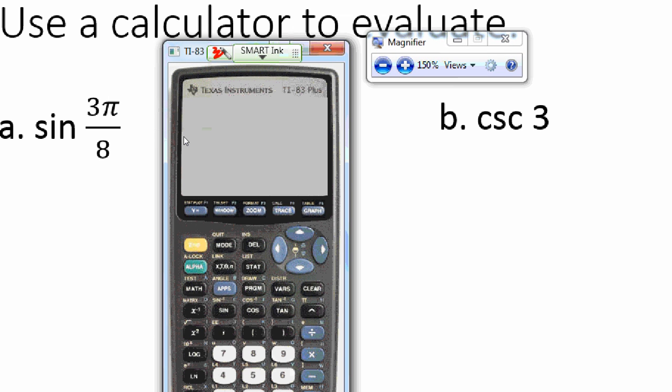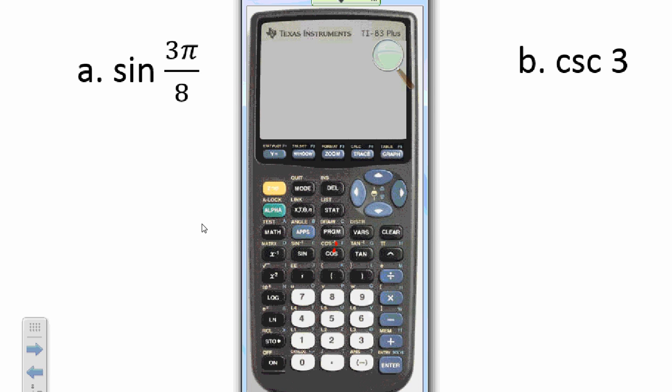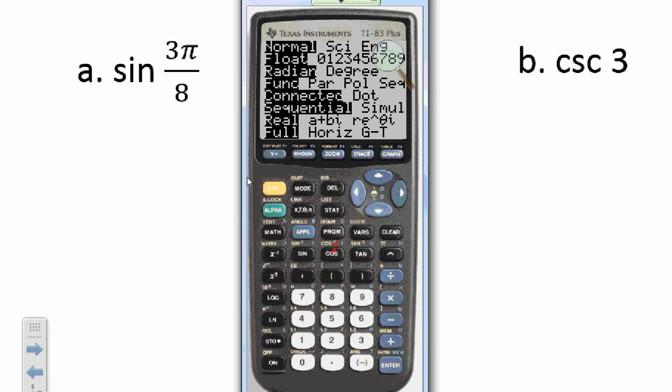All right, so to get to radian mode, how do we get there? Mode, and then we have to go down to radian. So mode, and then down to radian, and make sure you choose radian and make sure that it is highlighted. So not only highlighted, but you press enter to be on top of it.